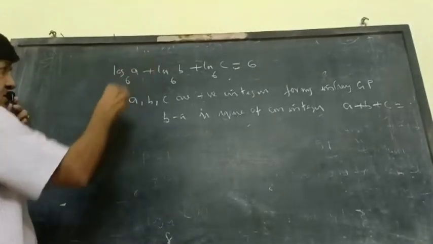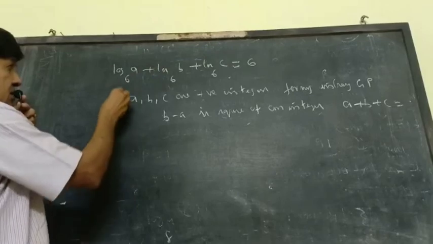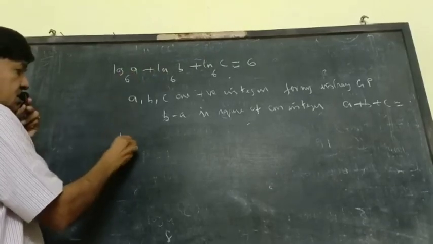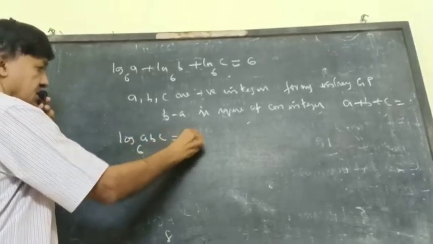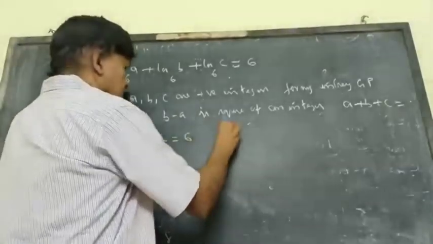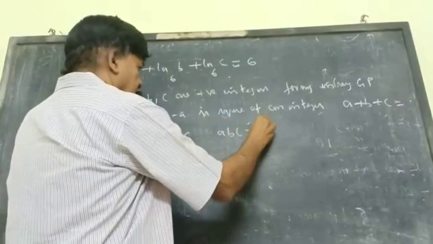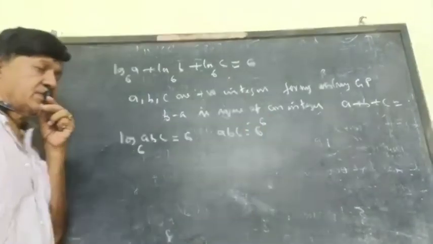If we closely look at this, it is as good as log ABC to base 6 is 6. So ABC will become 6 power 6.